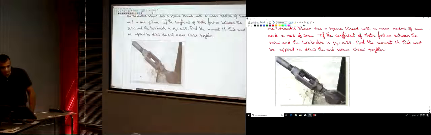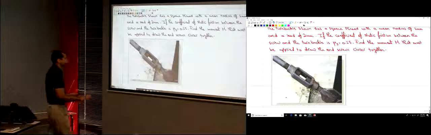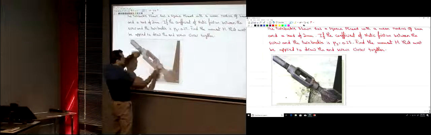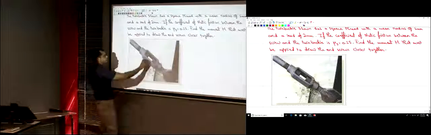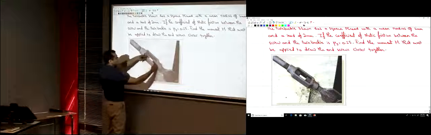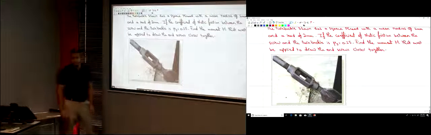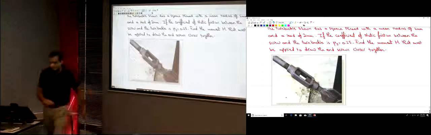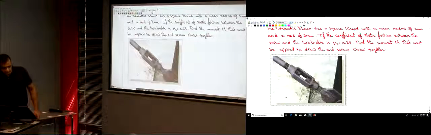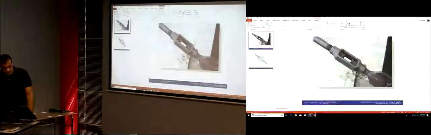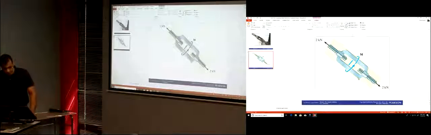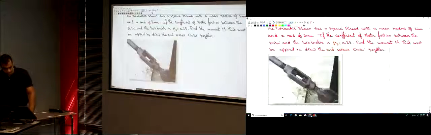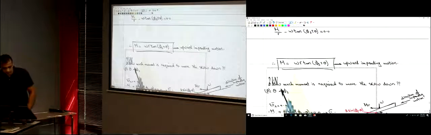We have this turnbuckle here with those two screws, and we want to rotate this so these two parts move closer to each other. There is a tensile force here. It's not shown here, so we're going to show this other figure.